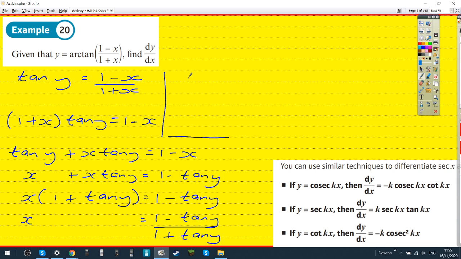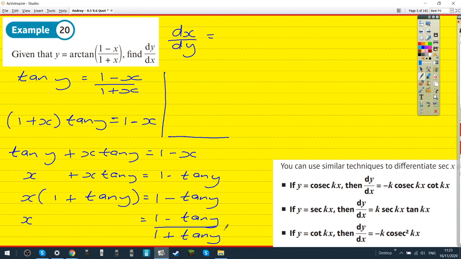And then I now need to differentiate it? Mm-hmm. How do we differentiate it? I'm differentiating tan y, aren't I? Yeah, we have to differentiate the whole thing though.